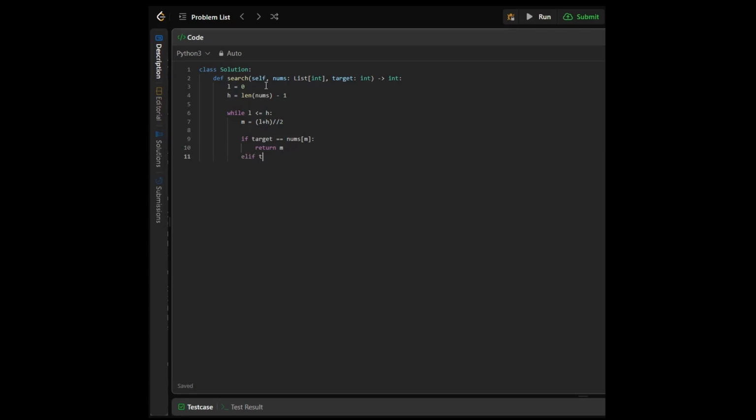Otherwise, if target is greater than nums at middle, which means we are at a smaller position, in an ascending array, our solution is on the right side. So low moves to the right, m plus 1. Otherwise, we are just left with one condition where the target is smaller than nums of m and the high moves to m minus 1.